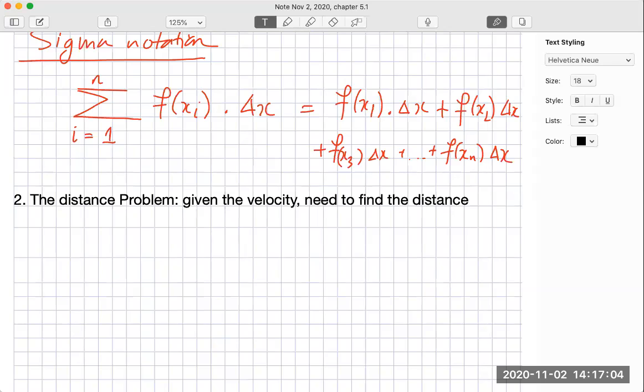And remember, the distance is the velocity multiplied by time, right?